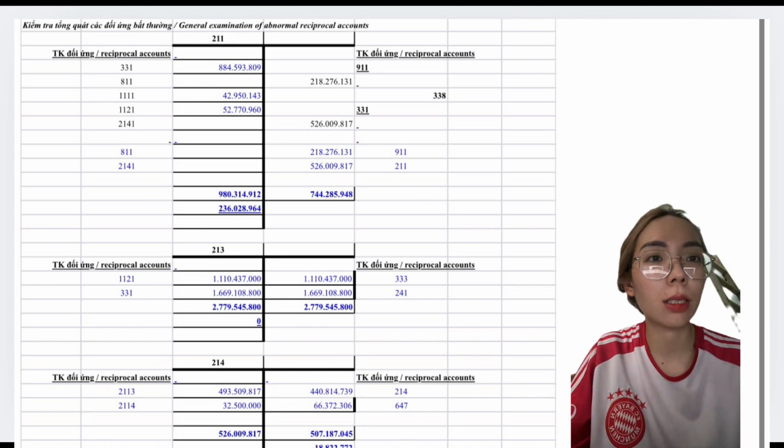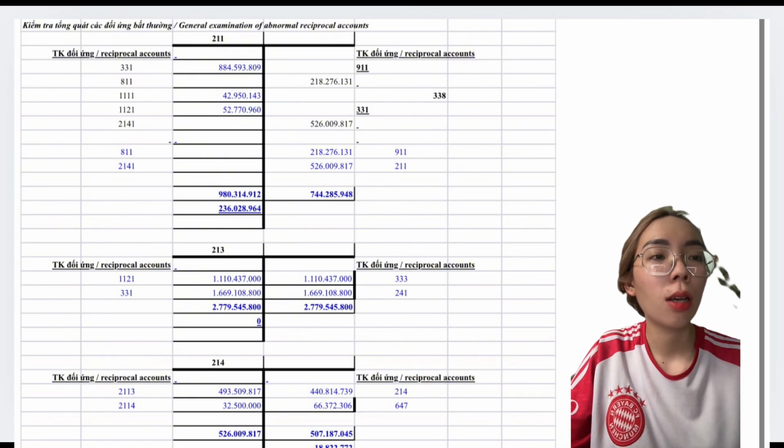So for the recommendations: reconcile account 211 and verify whether capital expenditure and adjustments were mixed. Investigate the unusual presence of 811 and 2141 directly in account 211.